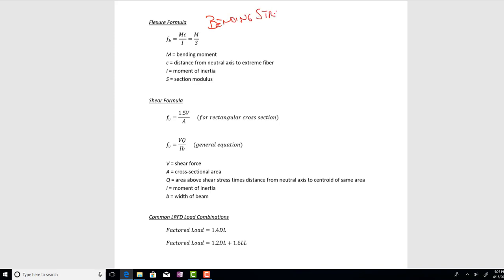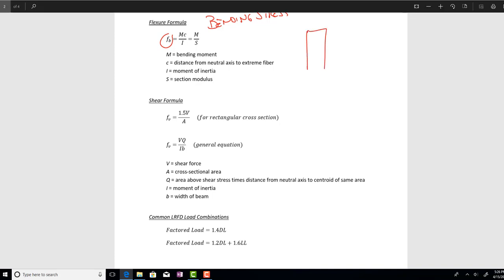And so this is the way that we calculate actual bending stress. Note that I don't have bending stress written down here in the definition, but you should remember that little f is for the actual stress, b for bending. And from the equation, we can see that M would be the maximum moment that we'd be interested in.